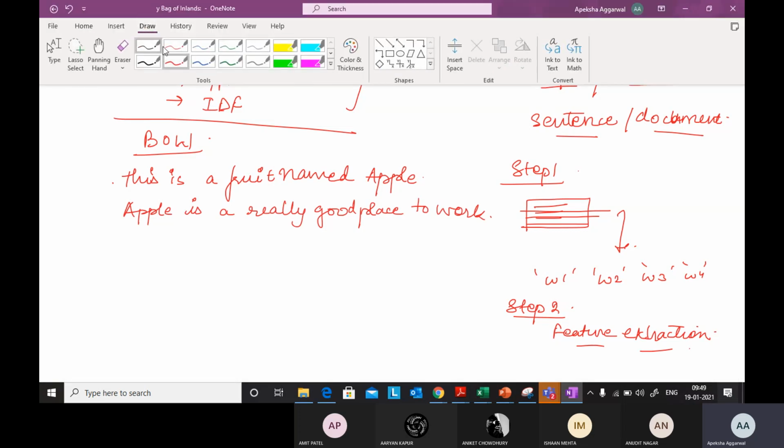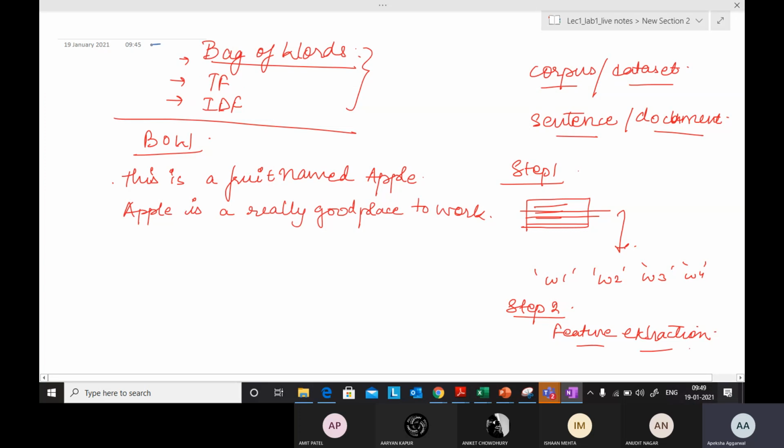Bag of words, TF, IDF, these three are all frequency based approaches, because we are just counting the number of occurrences of each word in a sentence. So bag of words is nothing but counting how many times each word appears in sentence one.